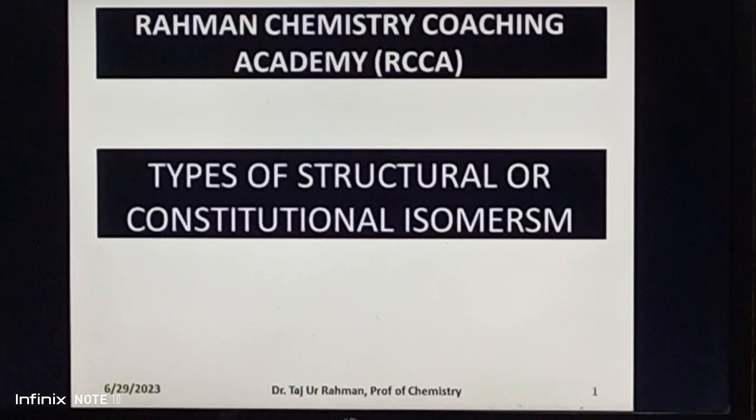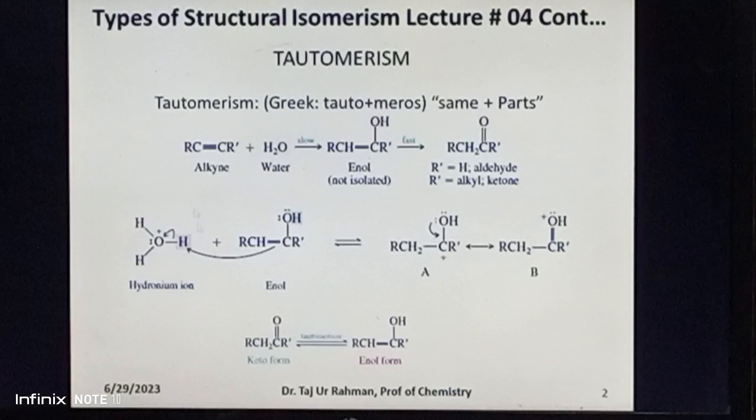In our today's lecture, we will discuss and explain the fourth type of structural or constitutional isomerism known as tautomerism. The word tautomerism has been derived from the Greek words tauto plus meros, which means same parts.